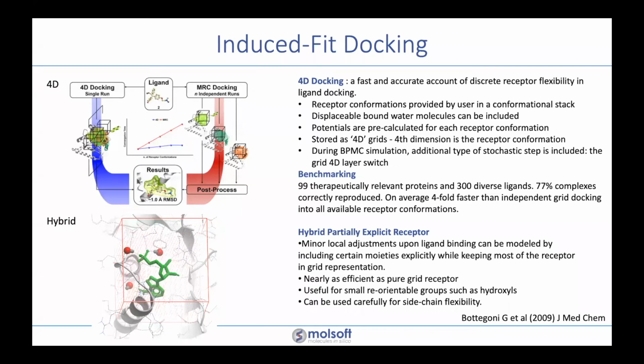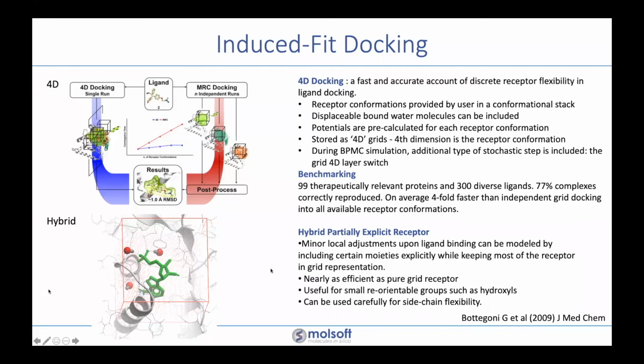So you can select side chains that can be fully explicit during docking. So you still have the grid for the majority of the protein pocket, the binding pocket, but you can select certain side chains to be fully flexible along with the ligand during docking.